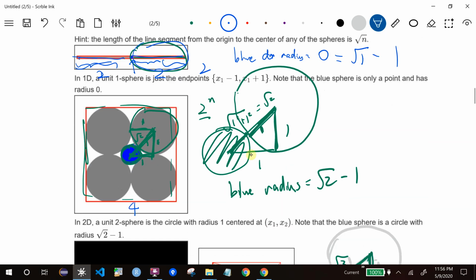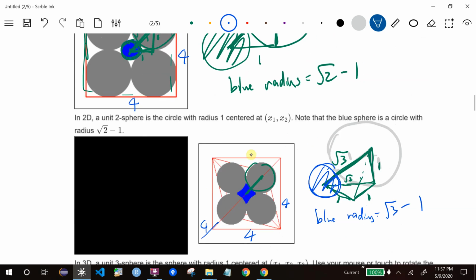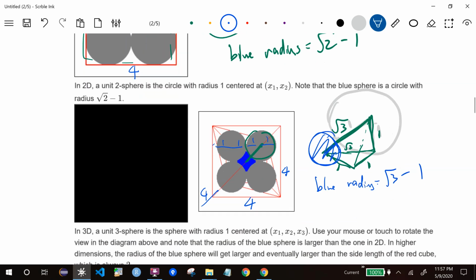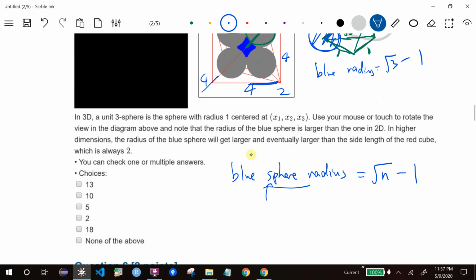And here is also 4 by 4. And here is also 4 by 4. The z direction is also 4. Because if you look at the spheres, this is 1, 1, this is 1, 1. So they still sum up to 4. So half of this, it's like the radius of this red box is always 2. So red box radius is basically half of side length, is always 2. So at some point when n gets large, this expression will be larger than this.